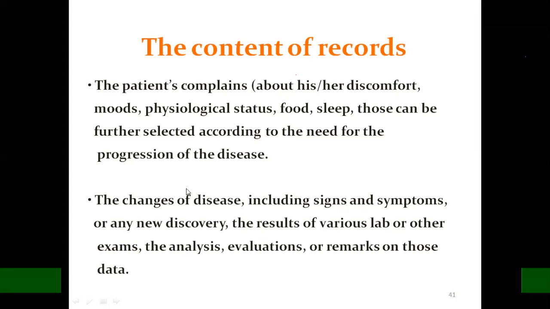So these are the contents of the record that you have to write: discomfort, mood, state, disease condition, signs and symptoms, or any new symptom that appears, various lab records.